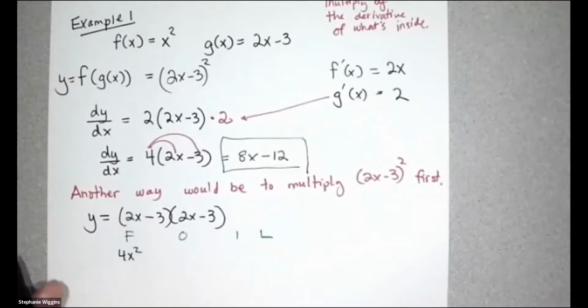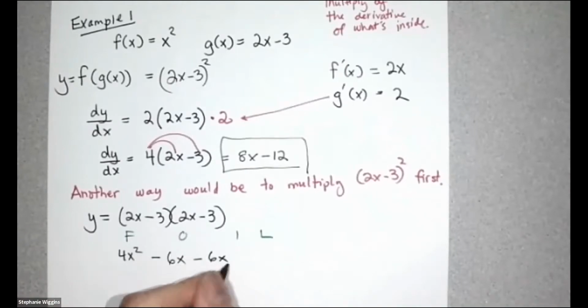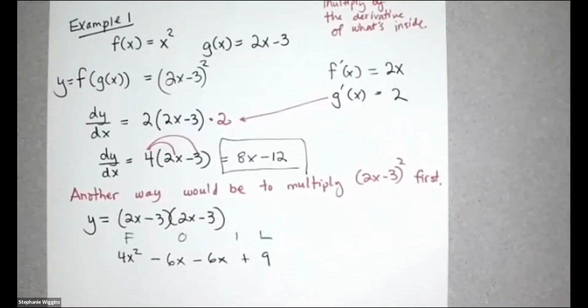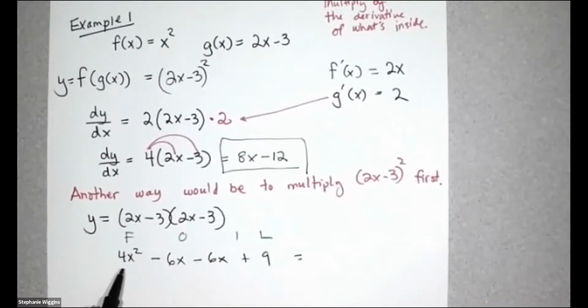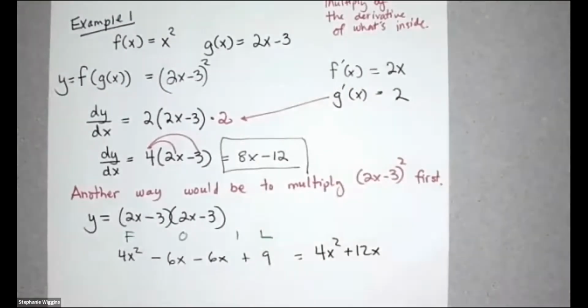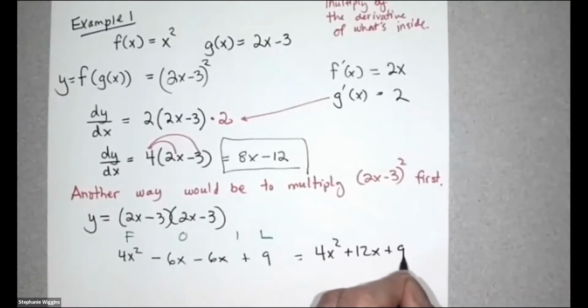Outside, 2x times negative 3 is negative 6x. And then negative 3 times 2x is minus 6x. Negative 3 times negative 3 is plus 9. Okay, so this simplifies as 4x squared minus 12x plus 9.